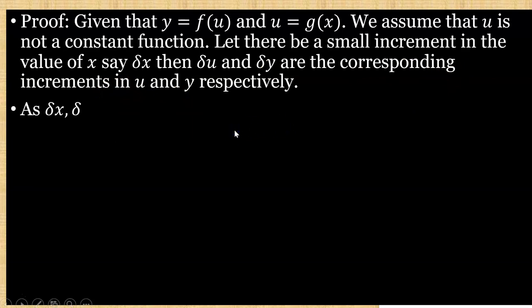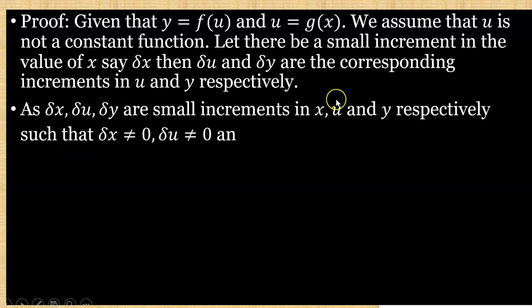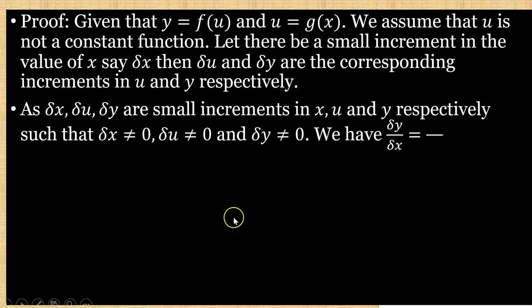Next, as delta x, delta u, delta y are small increments in x, u and y respectively, such that delta x is not equal to 0, delta u is not equal to 0 and delta y is not equal to 0, we have delta y by delta x is equal to delta y upon delta u into delta u upon delta x.